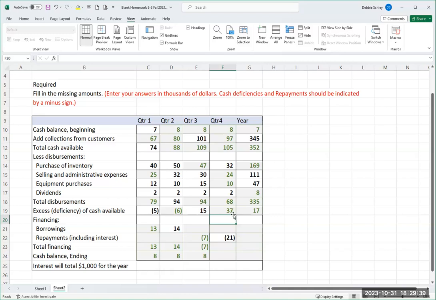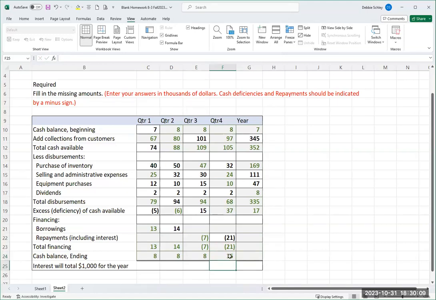Okay, now they're showing me right here that I paid back. This was a number that was given to me, that I paid back 21. So my total financing is equal to that. Okay, so now my cash balance ending is going to be my excess or deficiency of cash minus that payment.